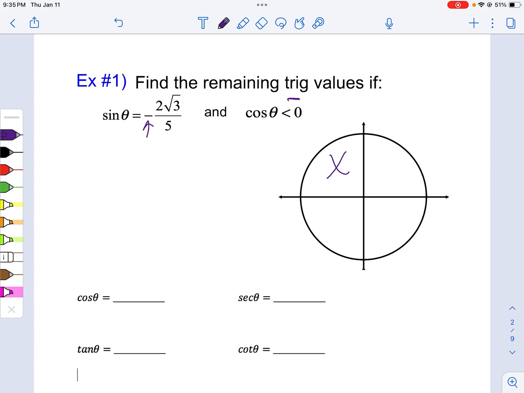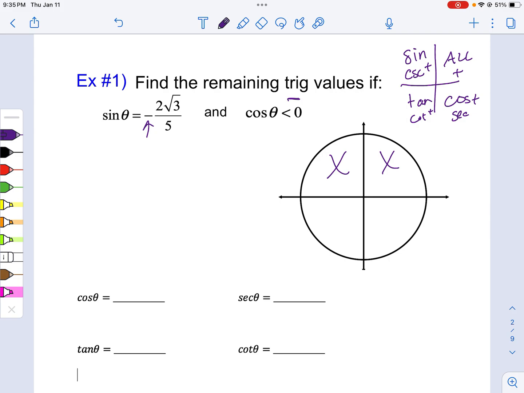So I know sine has to be positive in quadrants 1 and 2, because remember we have All Students Take Classes. All means all are positive. This S for students means sine or its reciprocal cosecant are positive. T for take means tangent and cotangent are positive. And then the classes means cosine and secant are also positive.